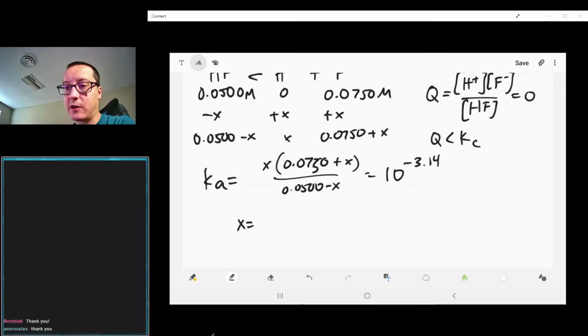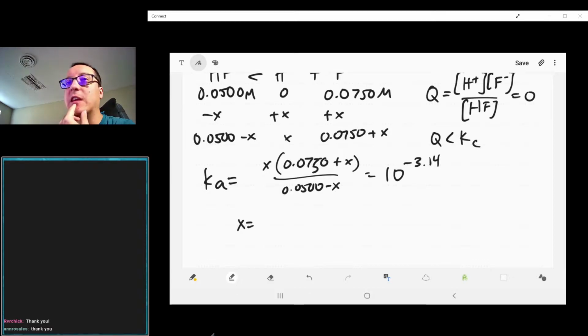All right, so our equation is X times 0.075 plus X, divided by 0.05, minus X, equals 10 to the negative 3.14. Okay, let's see what we get here.